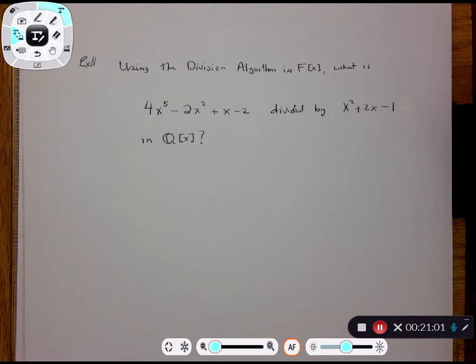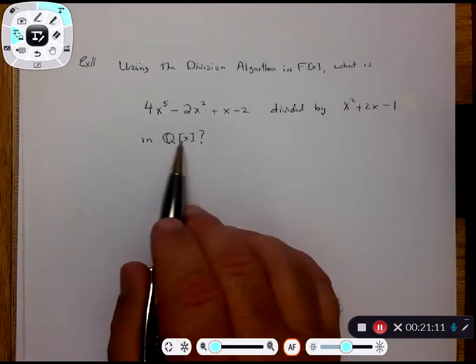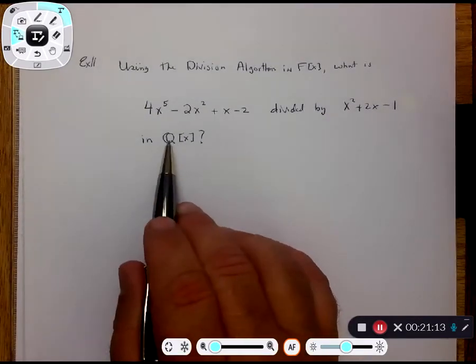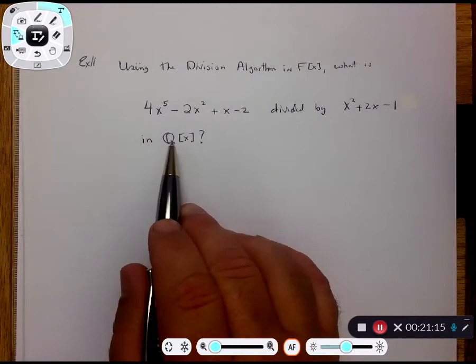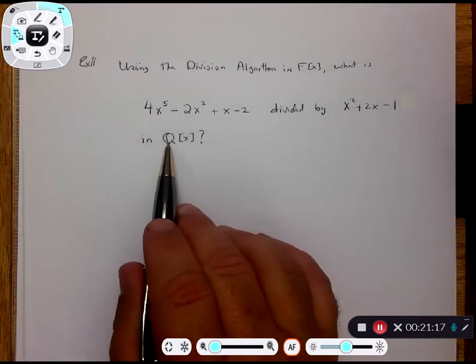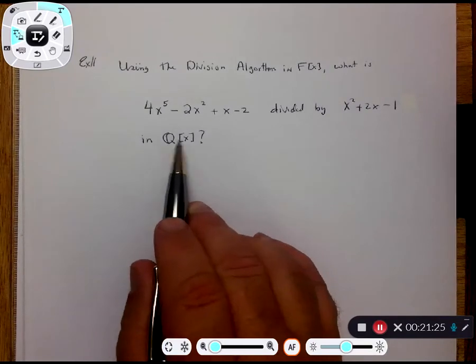Anytime somebody gives you a polynomial from this day forward, you got to ask yourself, well, where did the coefficients of my variables come from? You got to know what ring you're going to be in. We're in Q adjoined x. And remind you, Q was the rational numbers here. So integer divided by an integer is where these guys come from. And remember, the rationals are a field. So this is a field adjoined x.